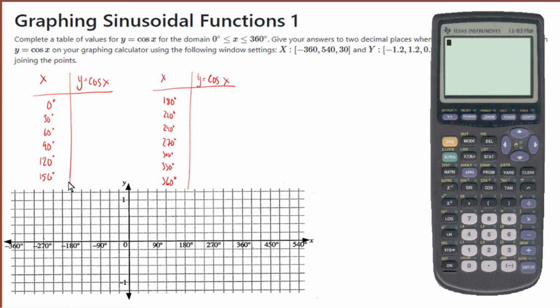So now in our calculator, start with the 0, so I'm going to do cosine of 0 degrees. That's going to give me 1. Cosine of 30 degrees. We want this to 2 decimal places, so it's going to be 0.87. Cosine 60 degrees, 0.50.